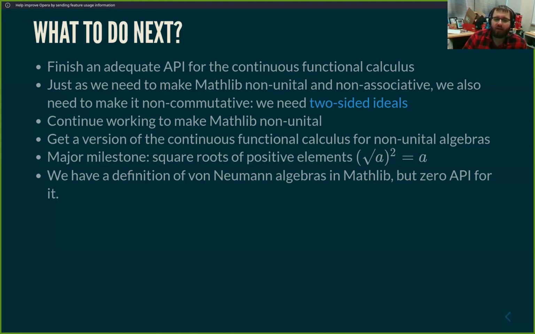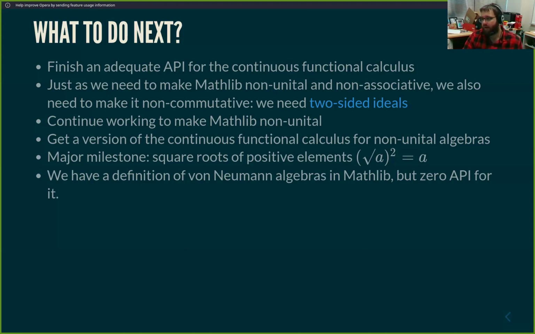But the way you show that this identity holds is you apply the continuous function square root on the spectrum, and then you apply the continuous function squaring, and those two things give you the identity function, which gives you A back. So it fundamentally uses this compositional property, and it also does it on positive elements, which is an extra hurdle because by default we're only getting the continuous functional calculus on normal elements, and so we have to get a restricted version for positive ones.